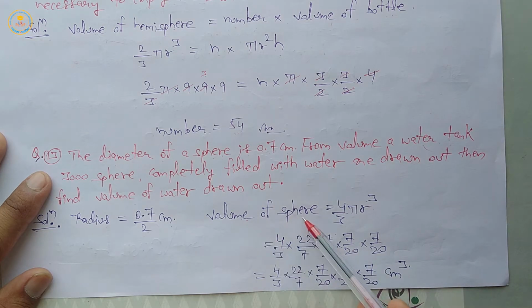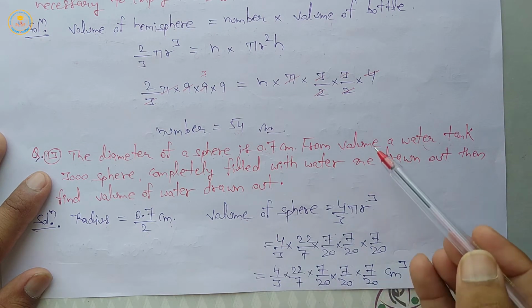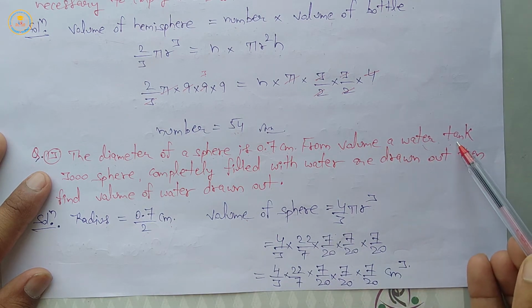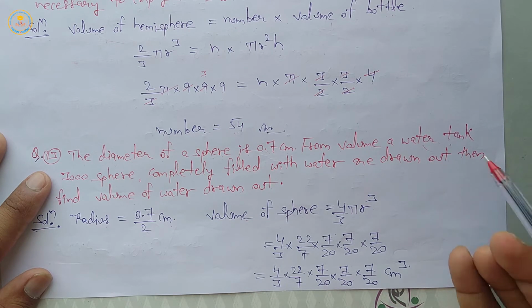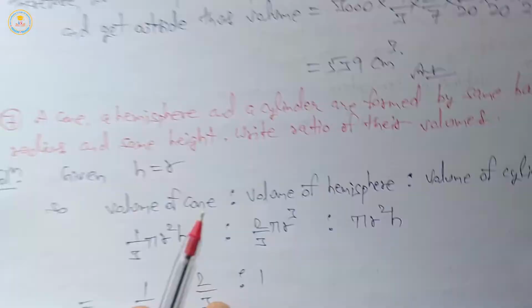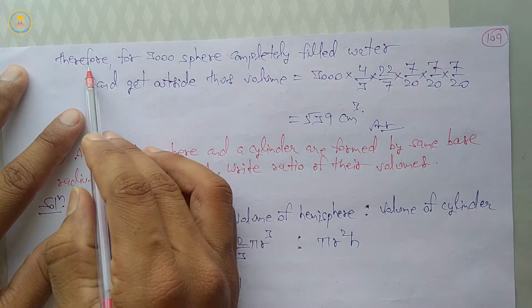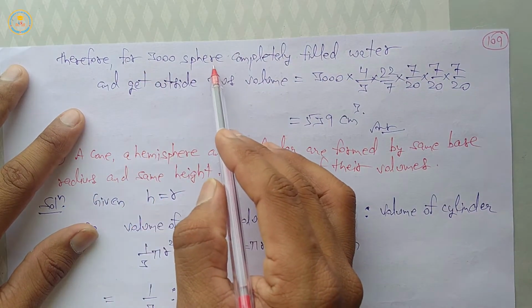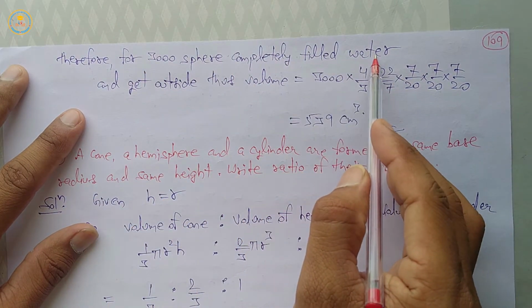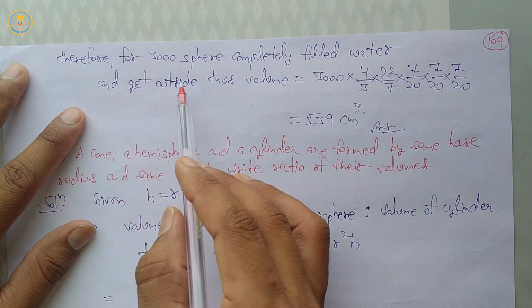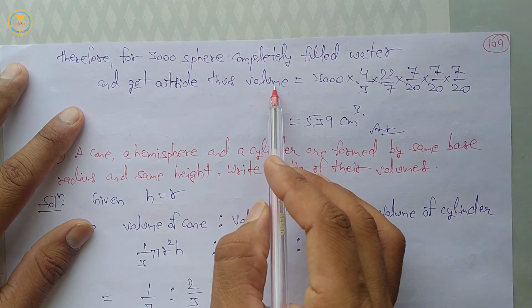Okay, volume of sphere equal volume of water tank. Volume of water tank, water tank means cylindrical. Therefore for 3000 sphere completely filled water and get outside thus volume.